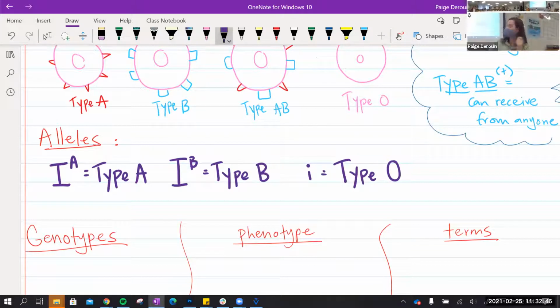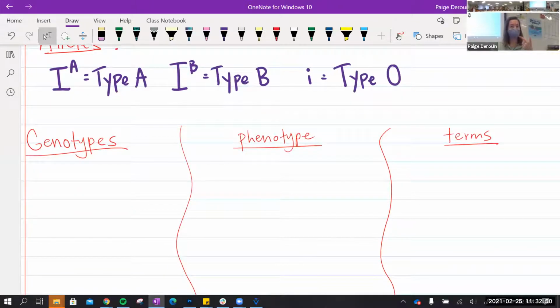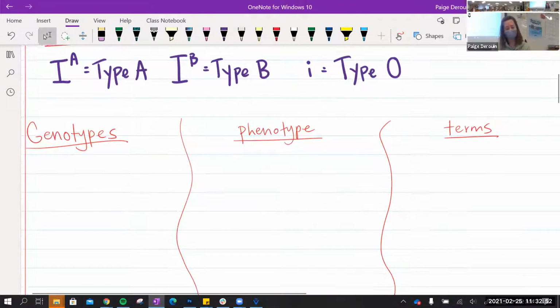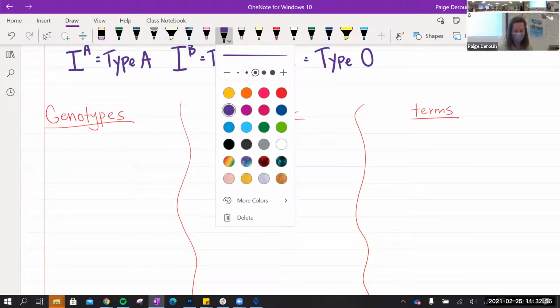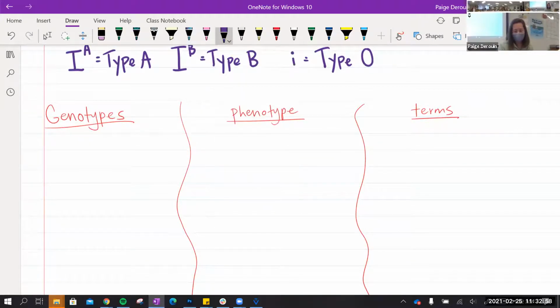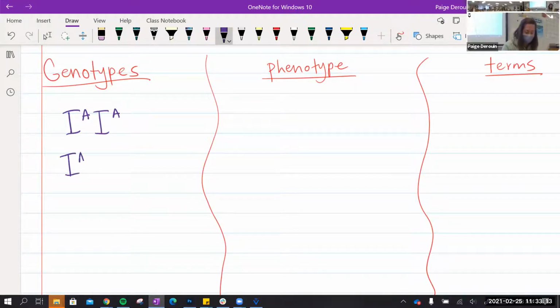Okay. So going from here, we're going to make this giant table so you can refer back to it easily in the future. We have our genotypes, our phenotypes, and our terms for this. So, possible genotypes for blood type. You can be I big A, I big A. You can be I big A, small i.